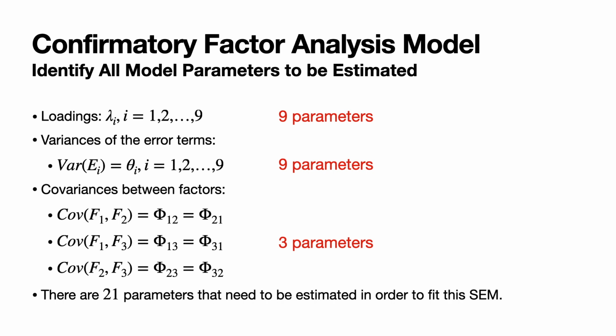And we have 3 parameters for the covariances between pairs of factors. So phi 1,2, which is the covariance between F1 and F2, phi 1,3, which is the covariance between F1 and F3, and phi 2,3, which is the covariance of F2 and F3. And so based on this counting, we have 21 parameters that will need to be estimated in order to fit this SEM.